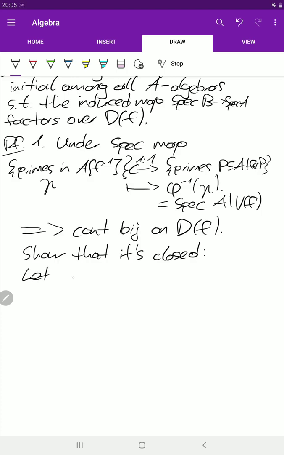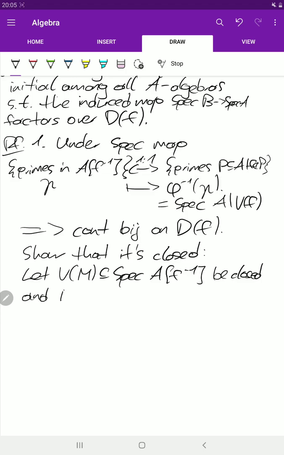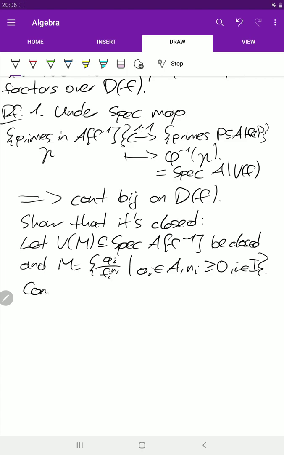So let's take some closed set in the spectrum of the localization. And again, all closed sets are of this form V(M), where M is just some set, and we write M as some a_i divided by f to the n_i, where a_i are elements from the ring A, n_i are non-negative integers, and I is just some index set. Okay, and now we define another set, M prime, namely the set of the numerators.